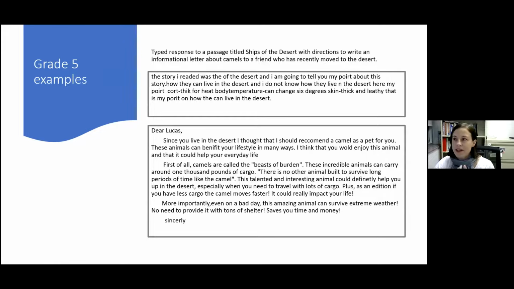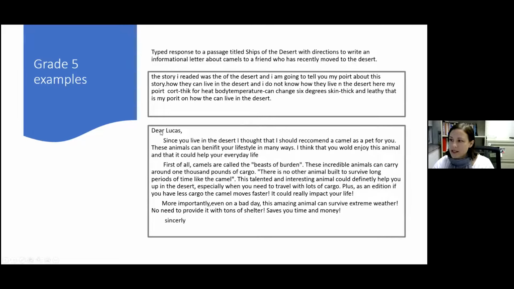I included a sample of a fifth grader who had a lower score on overall writing quality and a student who had a higher score on overall writing quality. You can see the features that make one higher quality than the other.